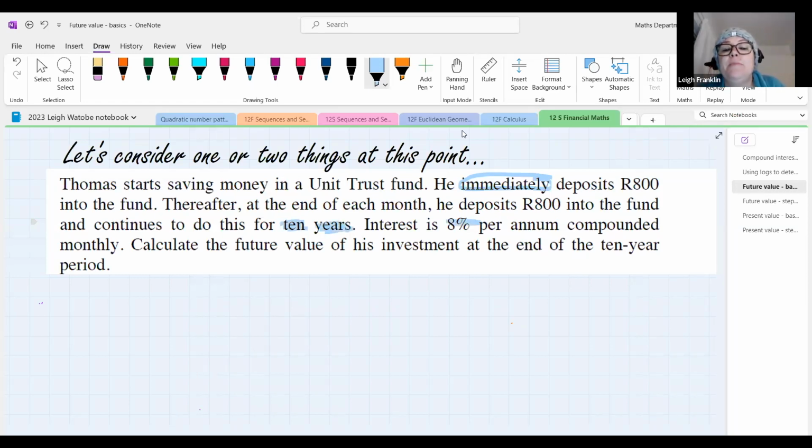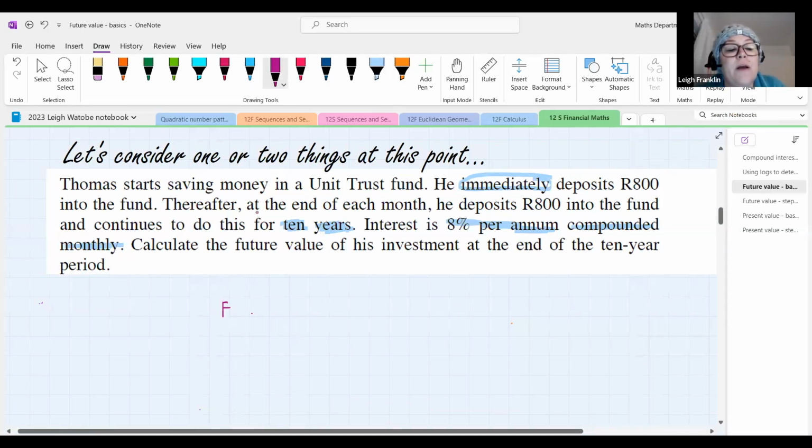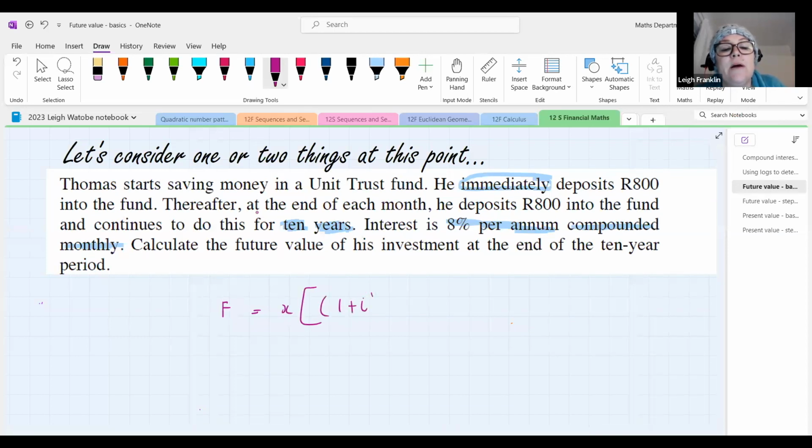Interest is 8% per annum, compounded monthly. All right. So calculating the future value of his investment, the future value is x[(1 + i)^n − 1] over i.